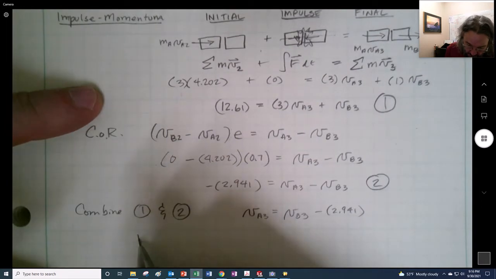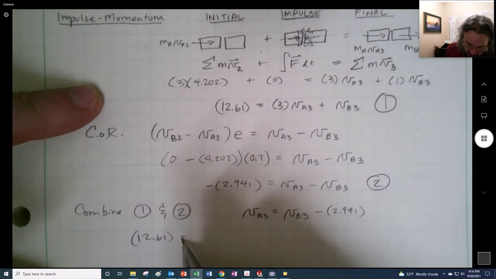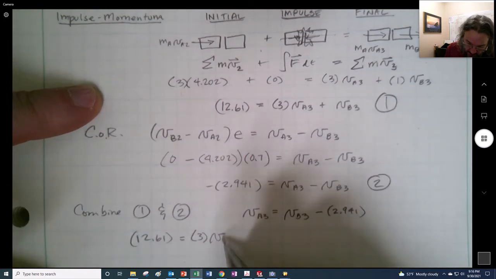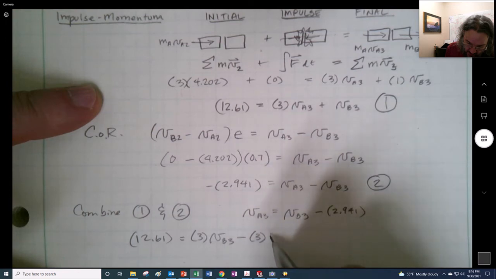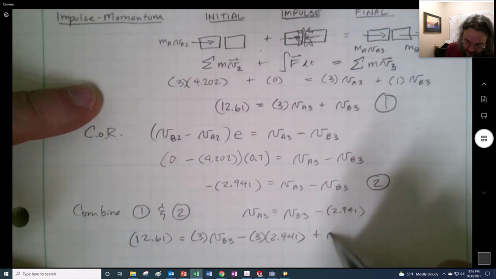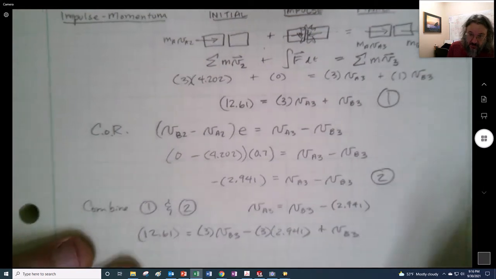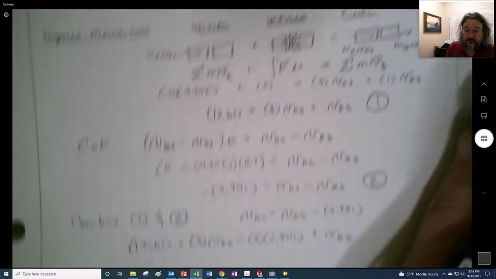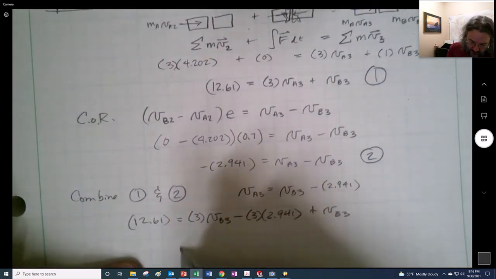So I get 12.61 is equal to 3 times VB3, 3 times 2.941, plus VB3. Now, hopefully, I will get VB3 correctly.